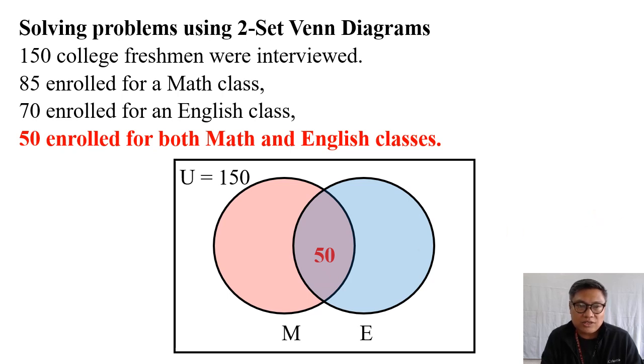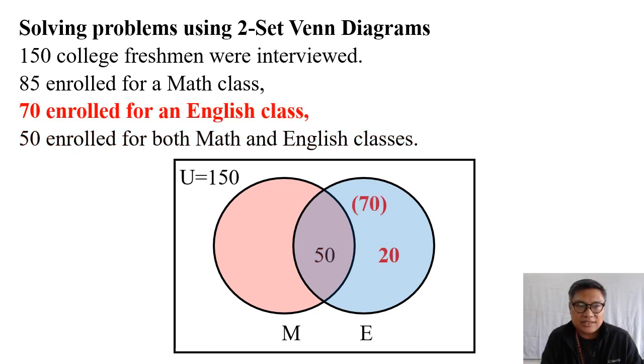Then the next step is we go up. In this case, 70 said that they enrolled for an English class. Now, there is a total of 70 students, but because, class, we already have 50 who had English classes but at the same time math, out of the 70 we need to subtract 70 minus 50, and the difference of 20 will be put here.